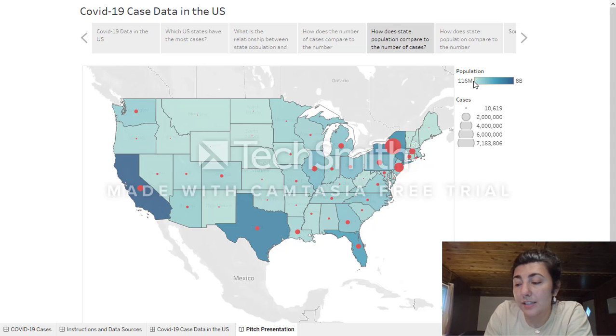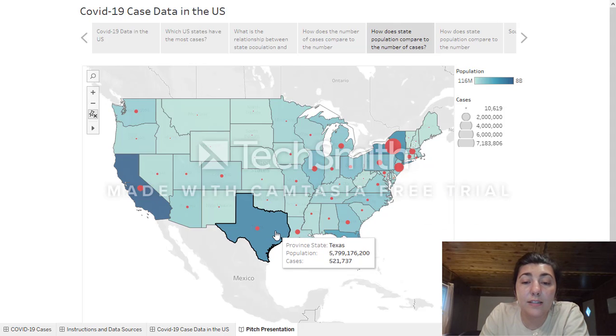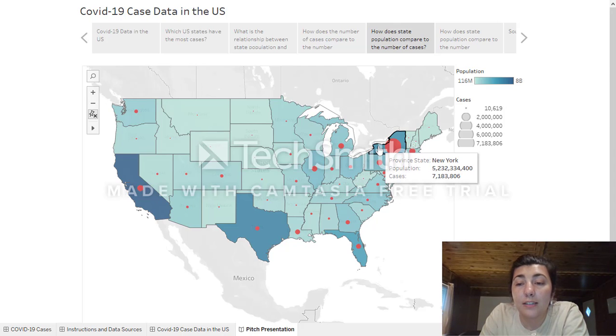Lighter blue is less of a population, and the darker blue is the higher population. So you see clearly right off the bat, California is the darkest blue. Their population is almost 8 billion people. And then we have Texas, almost 6 billion. New York is up there with over 5 billion in population.